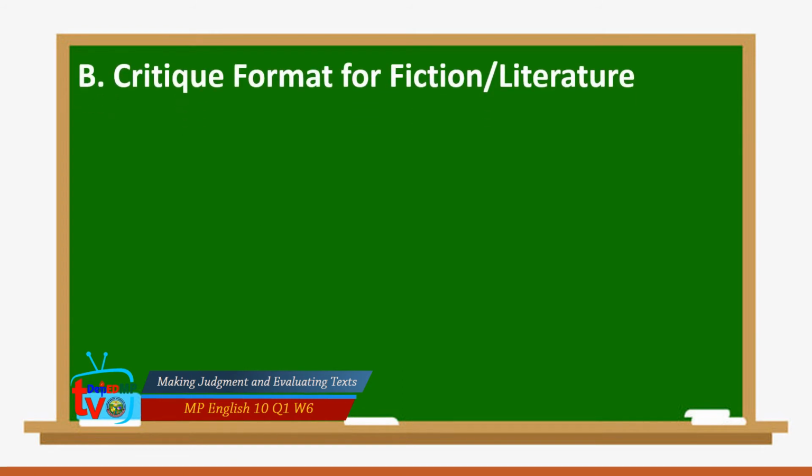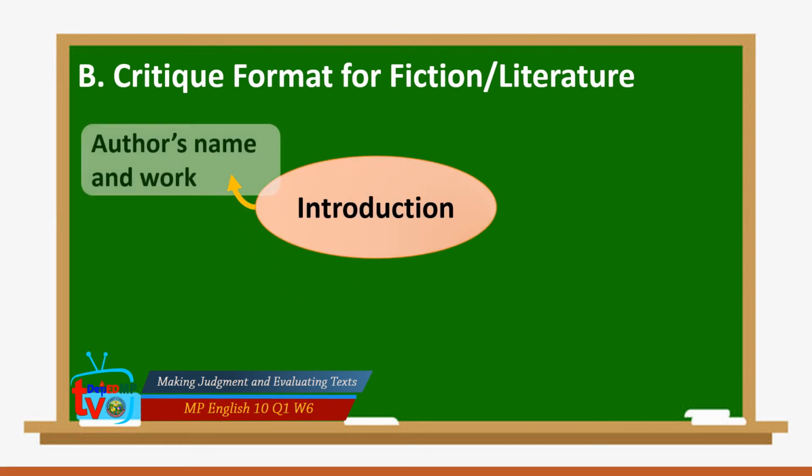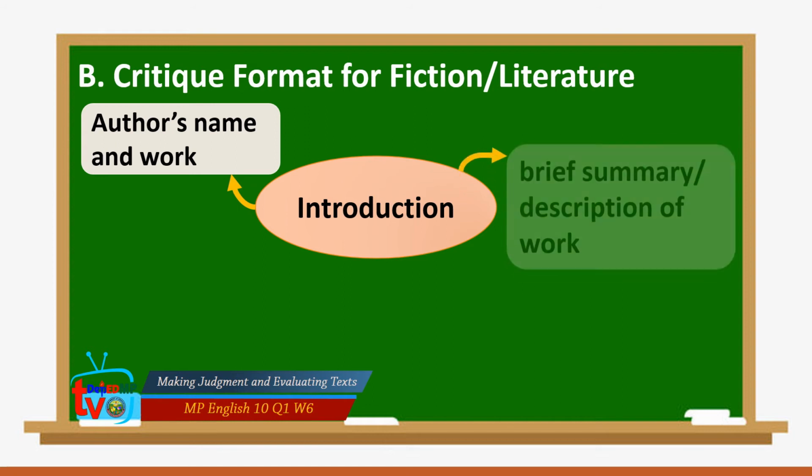Here is the critique format for fiction or literature. In your introduction, you need to state the author's name or the name of the writer of the story you're working on, plus the title of his work.